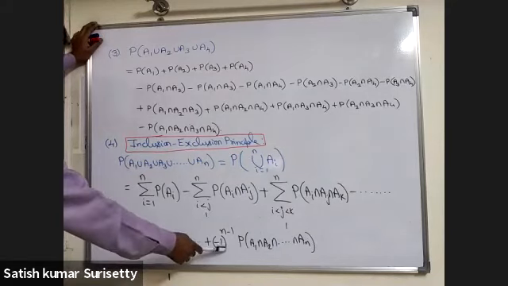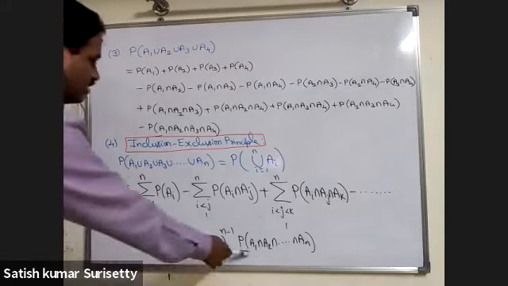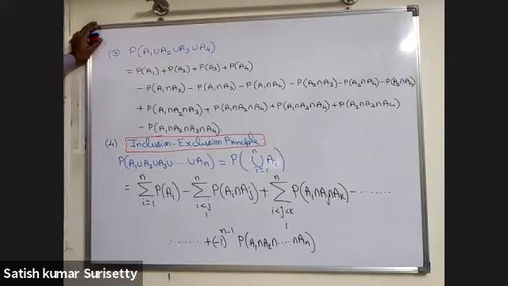The last term will be minus 1 to the power of n minus 1 times probability of A1 intersection A2 intersection and so on intersection An.